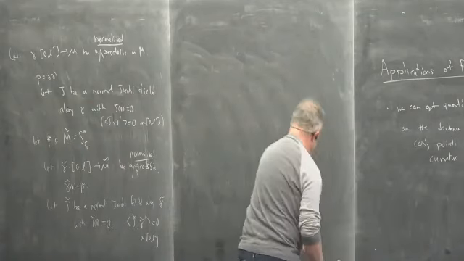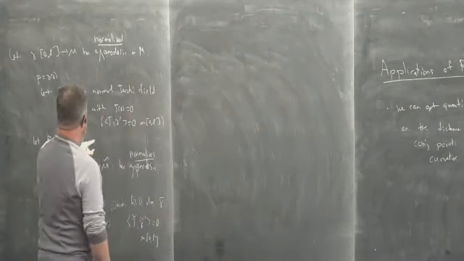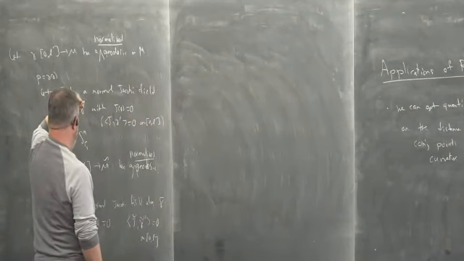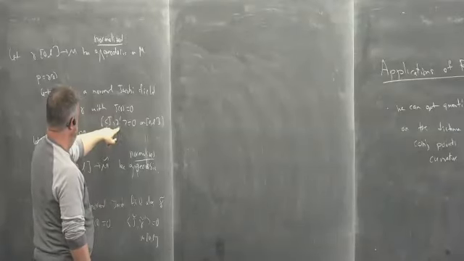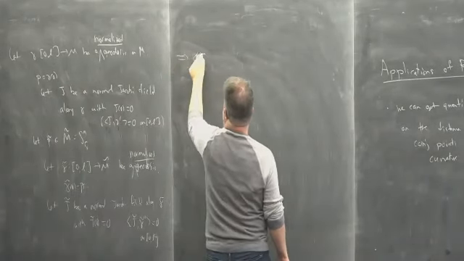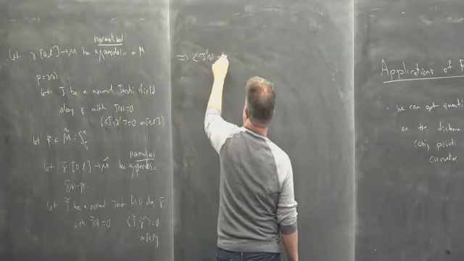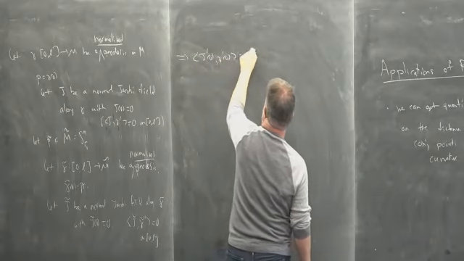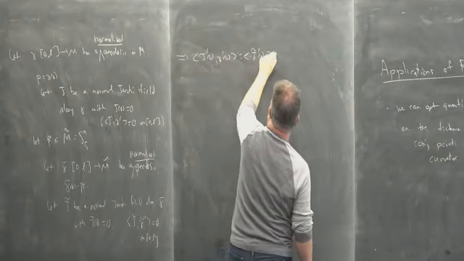I have to go back and use the fact that this implies that J prime of 0, gamma prime of 0 is equal to J tilde prime of 0, gamma tilde prime of 0.